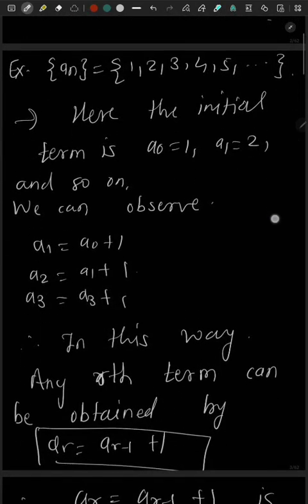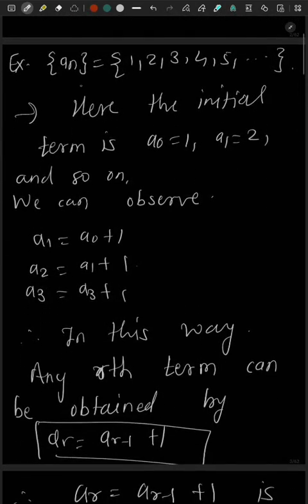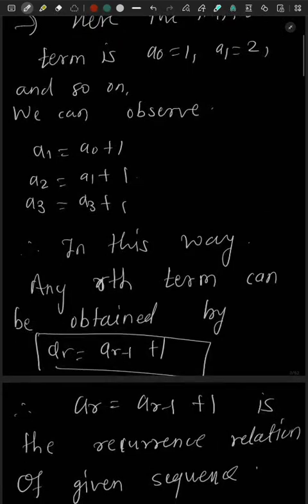Now suppose there is a sequence given 1, 2, 3, 4, 5, we can find a recurrence relation for this. When we find a recurrence relation for this sequence, it means we are going to obtain an equation which will give us any term with the help of its preceding terms.